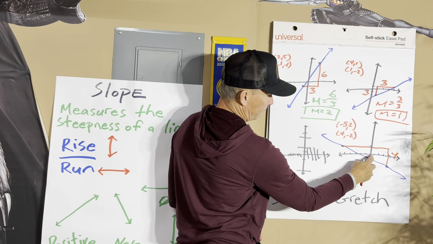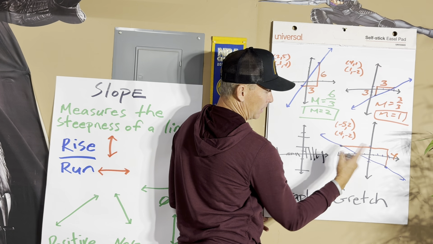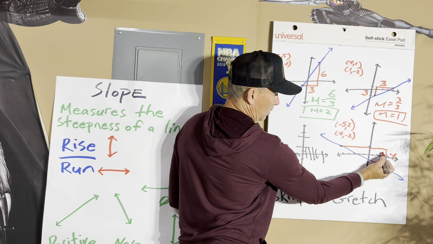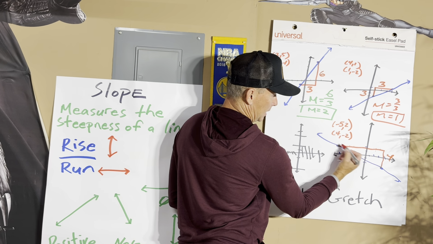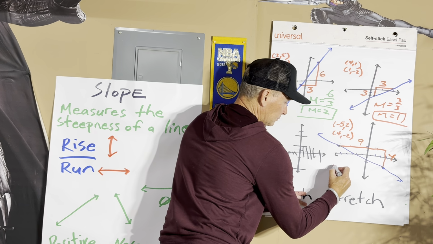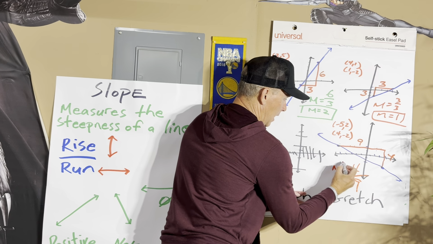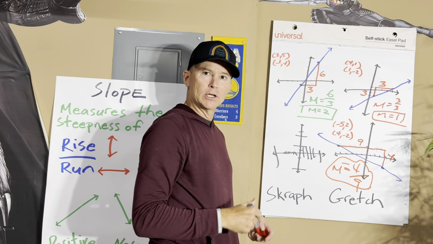Now the run from here to here was 4, and from here to here was 5. I know it's going to be 9, but we can count. 1, 2, 3, 4, 5, 6, 7, 8, 9. So rise over run. Rise 4, run 9. However, it's a negative because we're going downhill.